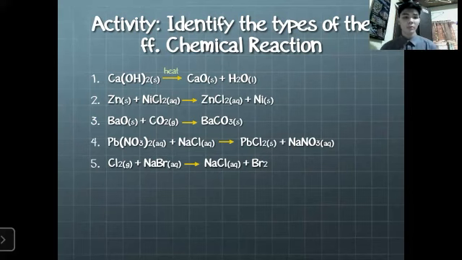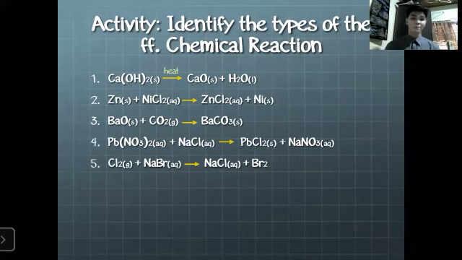Number 2, zinc plus nickel(II) chloride yields zinc chloride plus nickel. So we had a single replacement reaction. That is good. Number 3, barium oxide plus carbon dioxide yields barium carbonate.